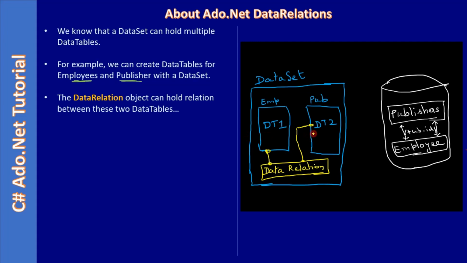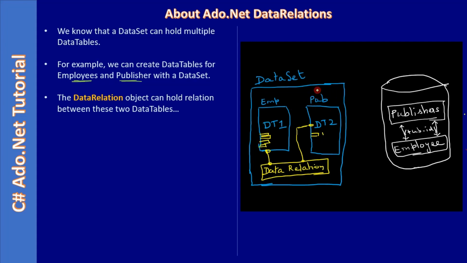Suppose we pick a record here in the publisher table, using the data relation object we can get all the related rows in the employee table. So this is publisher 1 and employee 1, 2, 3, 4 who work for this publication, and this traversal is done using the data relation object.